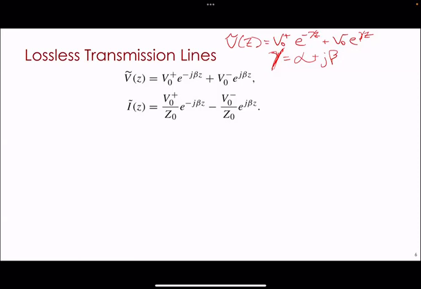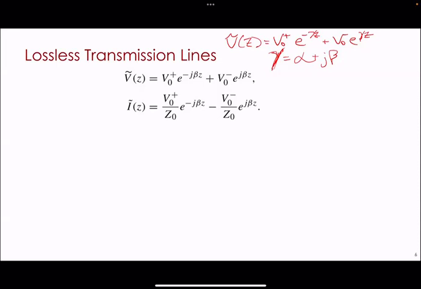Tilde means we assume it's AC. Everything's AC, everything's sinusoidal, everything's varying with time with some frequency f. With the tilde, we're in phasor world, so we never write that time dependency. We just know that it's sinusoidal.